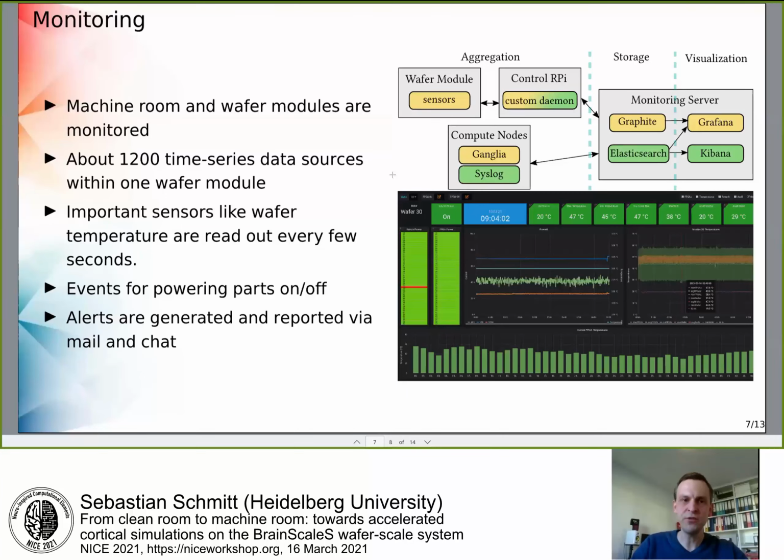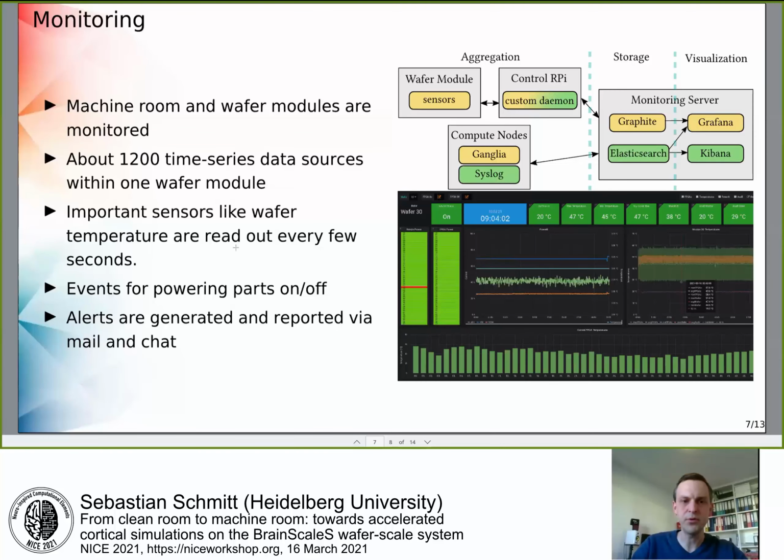So then we have the machine room, and as every machine room, you need monitoring of that. So the machine room itself and the modules are tightly monitored. There are alone 1,200 time series data per wafer module, and the granularity with which the data is taken depends on the importance.